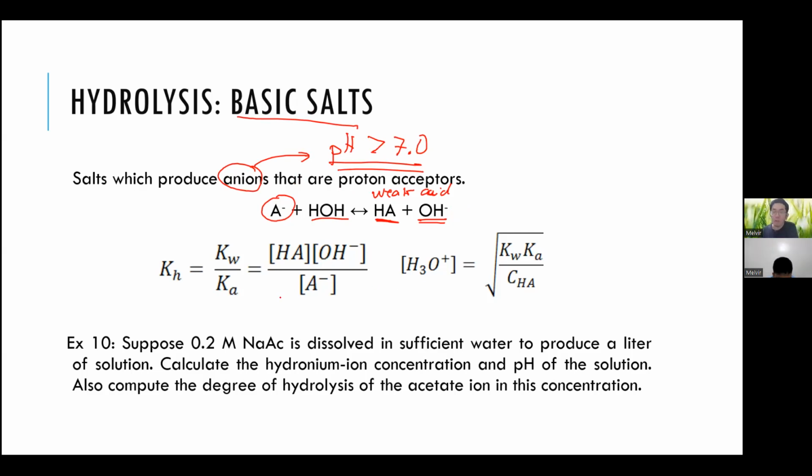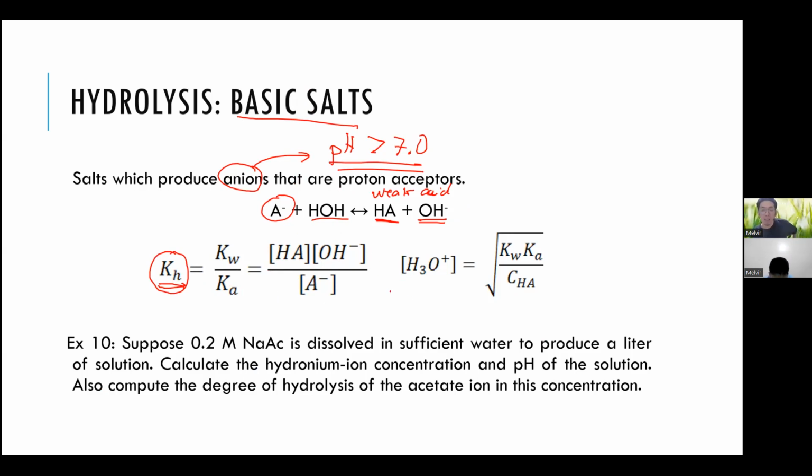Next. So how do we solve for this? Madali lang. So the hydrolysis equilibrium constant, KH. I introduced to you another concept, KH. The KH is equal to KW over KA, which can be rearranged into this.